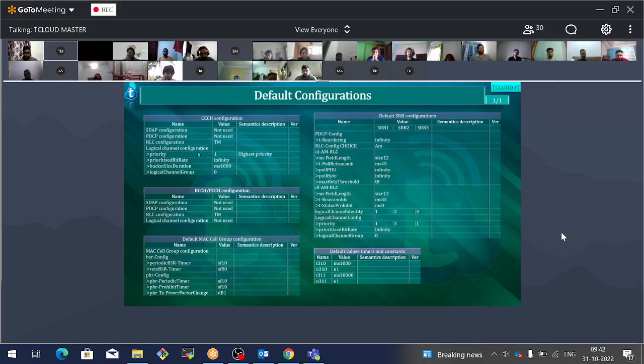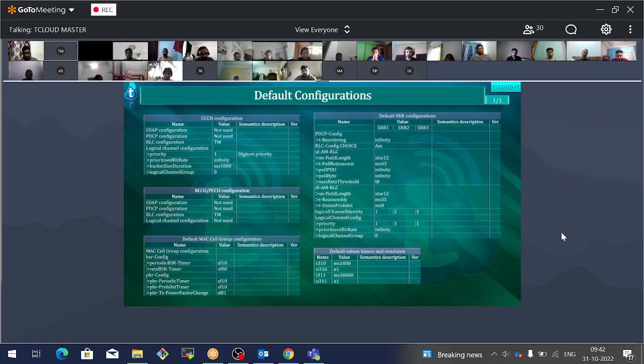And in the logical channel configuration, priority is one, which is the highest priority. Anyway, when you are using CCCH, you won't be using any other channel. DCCH, DTCH won't be there when you are having CCCH. The reason is, CCCH is before RRC connection, DCCH, DTCH are after RRC connection. You cannot have both at the same time.